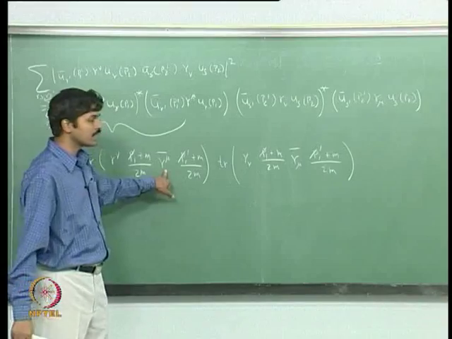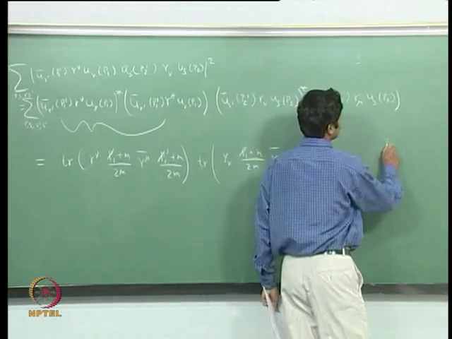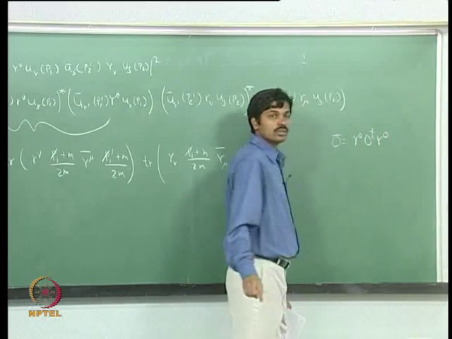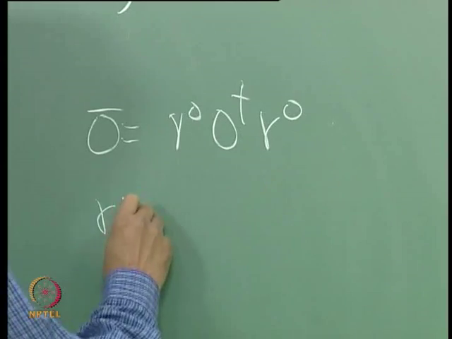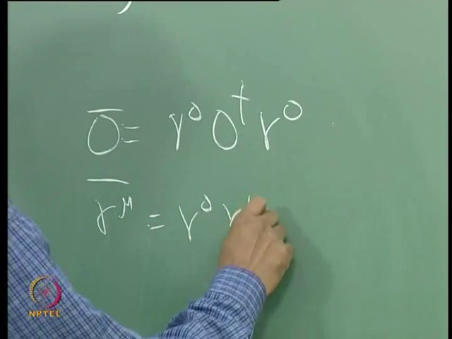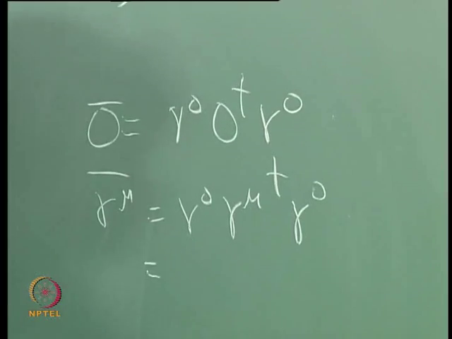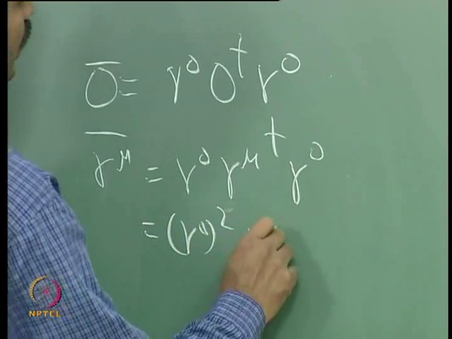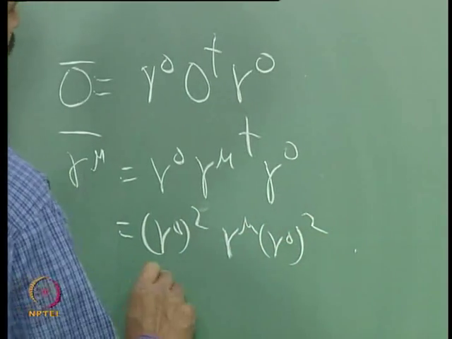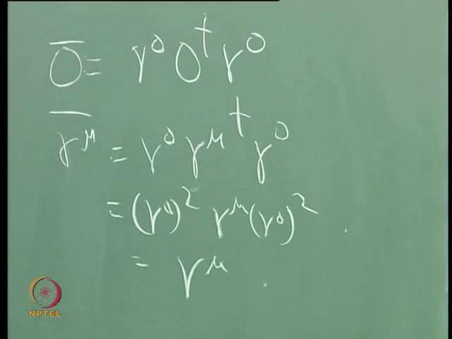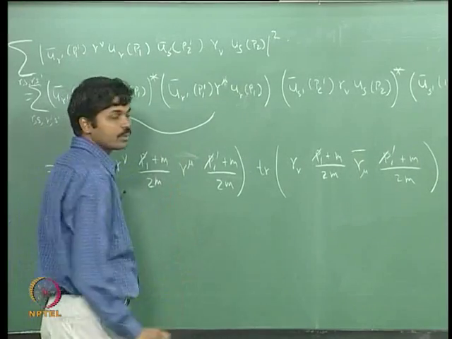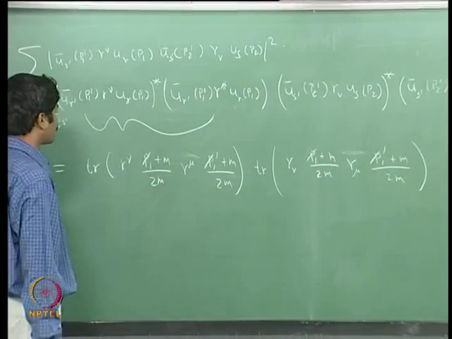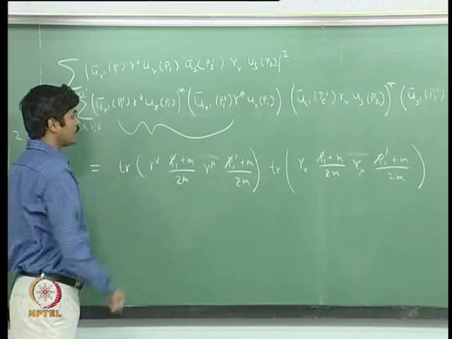But gamma mu bar, according to our definition, O bar is just gamma 0 O dagger gamma 0. Therefore, gamma mu bar is gamma 0 gamma mu dagger gamma 0, which, if you use the expression for gamma mu dagger, is gamma 0 square gamma mu gamma 0 square. So, this is simply gamma mu. Gamma mu bar is gamma mu, therefore, I will just simply remove the bar here as well as from here. So, this is what we will get when we sum over the spin indices.